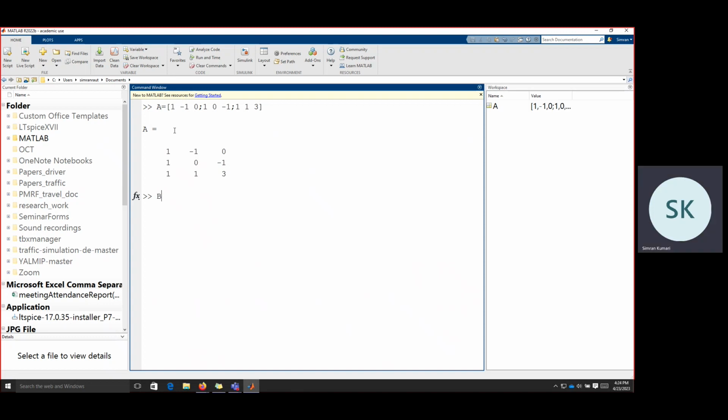Then we have B matrix, which is equal to 1, 2 and 1. We have C matrix also, which is 1, 0, 0.